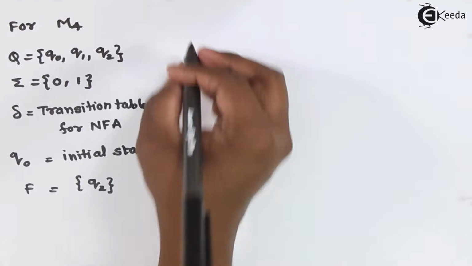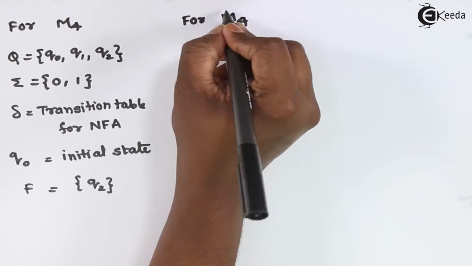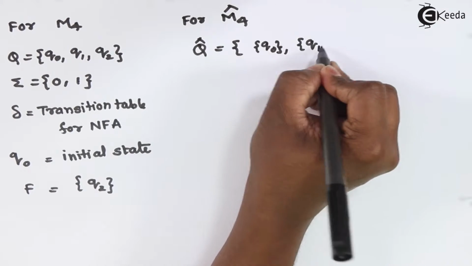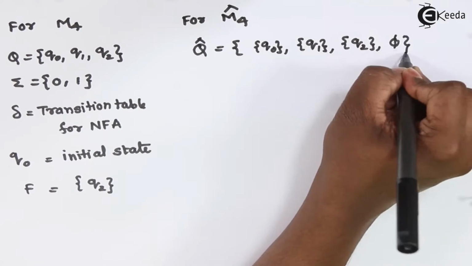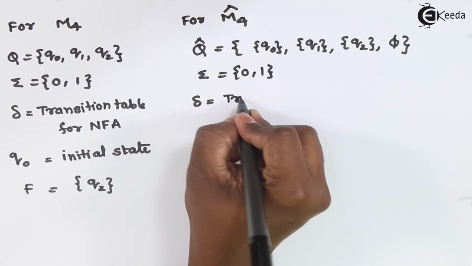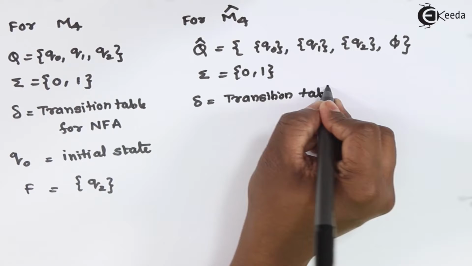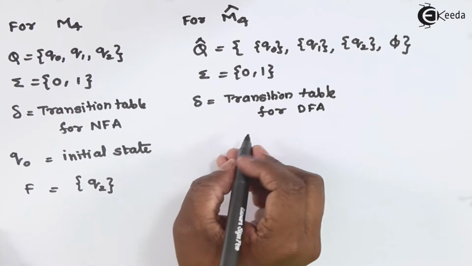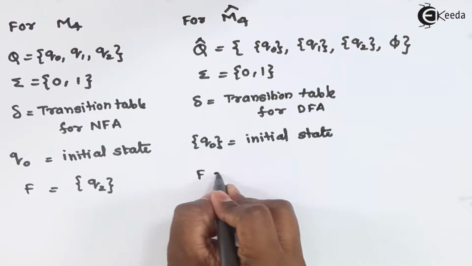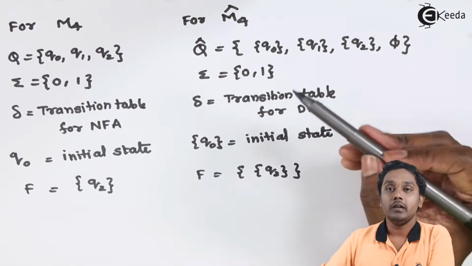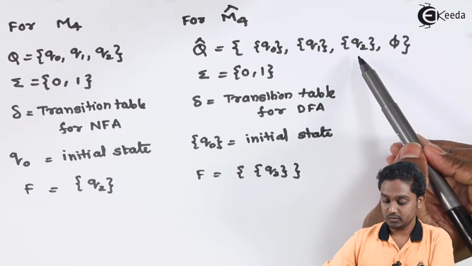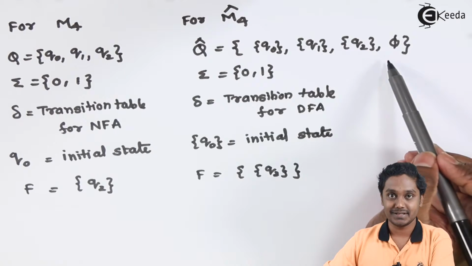Similarly, for M4 cap, Q cap will contain the states Q0, Q1, Q2 and null, that means the dead state.